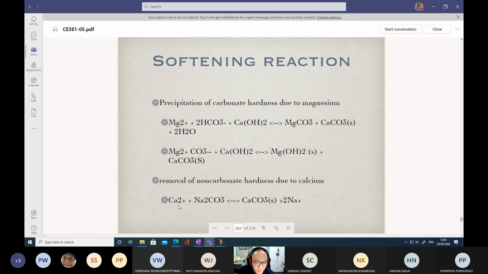In order to remove the calcium due to the calcium non-carbonate hardness, you need to use sodium carbonate, or soda ash. 1 mole of soda ash is required for the removal of 1 mole of calcium. At the end, we get the precipitated form of calcium carbonate, and 2 moles of sodium get into the water.